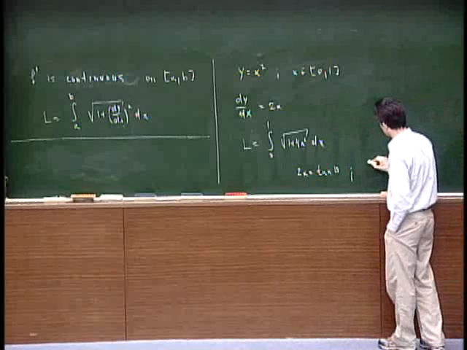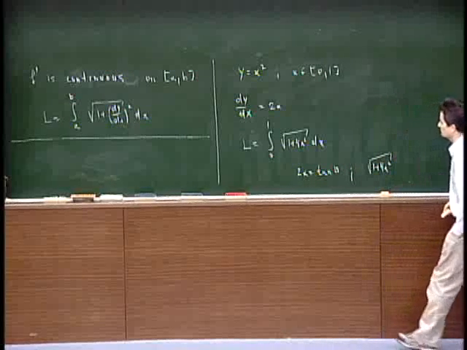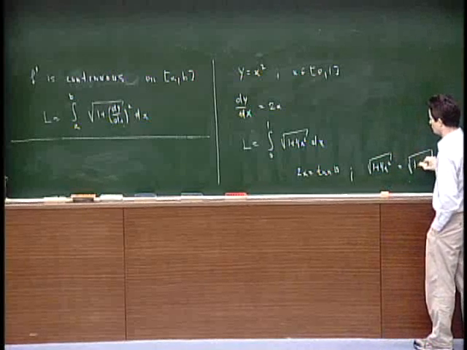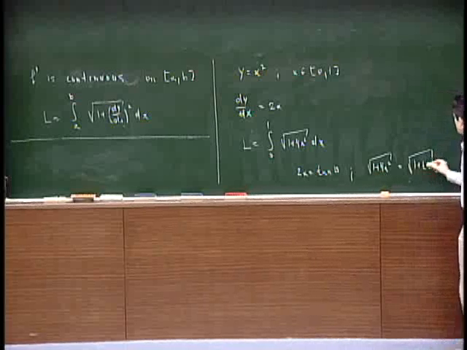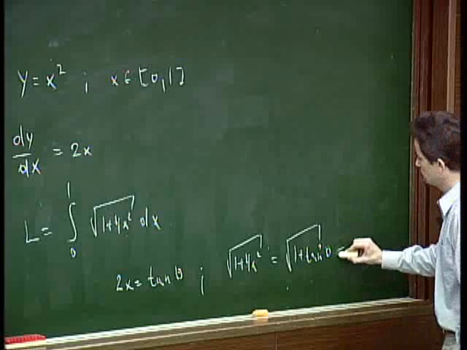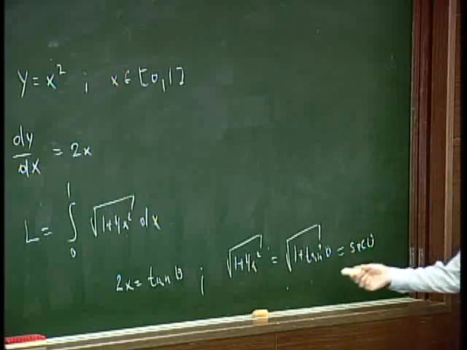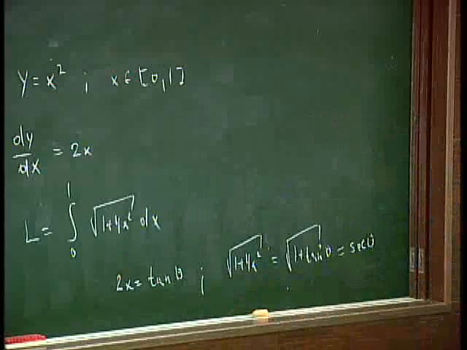So you see that the square root of 1 plus 4x squared becomes the square root of 1 plus tangent squared of theta. But 1 plus the tangent squared of theta is the secant squared of theta, and the square root is the secant of theta. Because theta goes from minus pi half to pi half, we do not have to consider the absolute value.